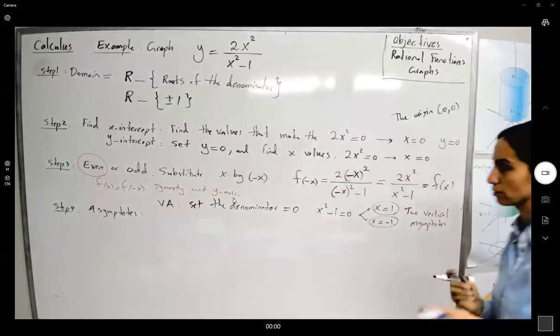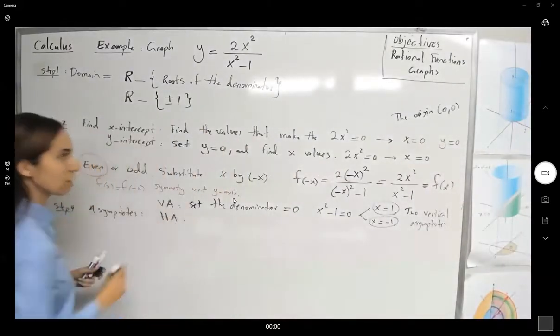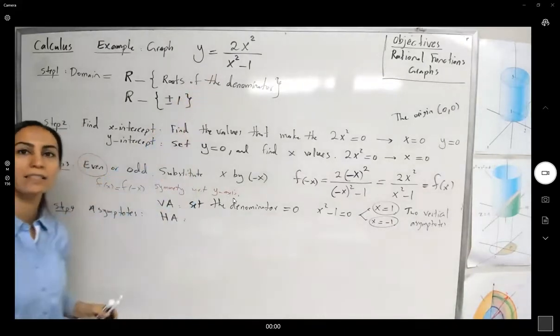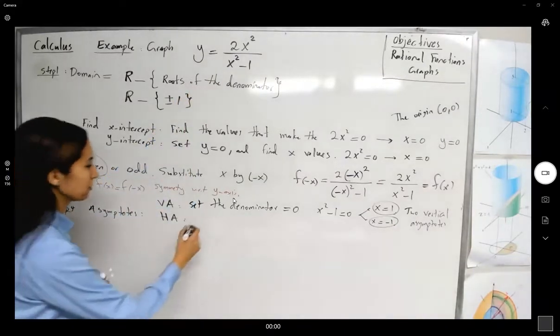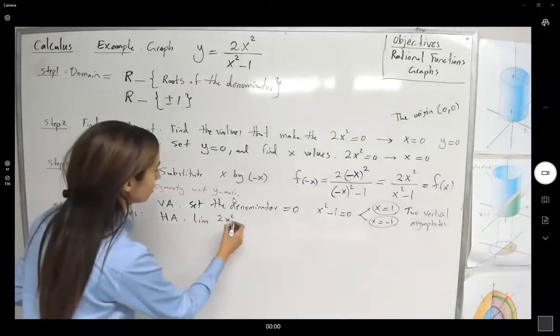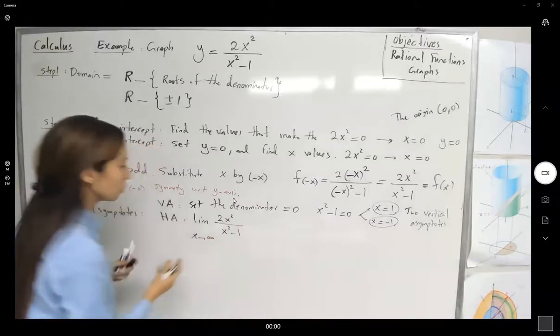Two vertical asymptotes. What about the horizontal asymptote? To find the horizontal asymptote, we need to find the limit of the function as x goes to infinity. Limit of 2x squared divided by x squared minus 1 as x goes to infinity.